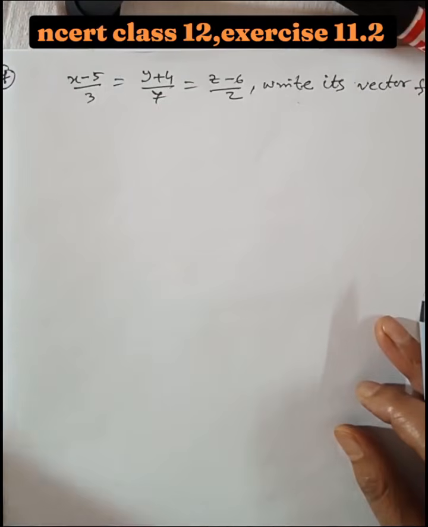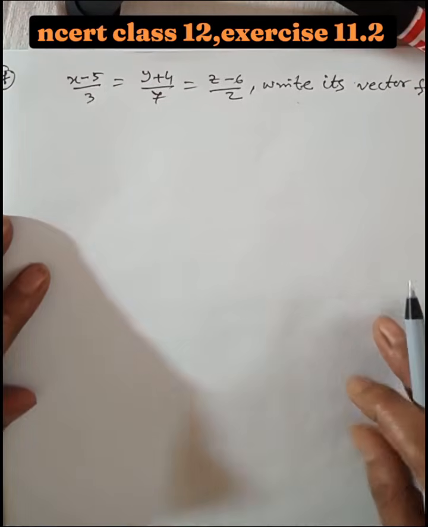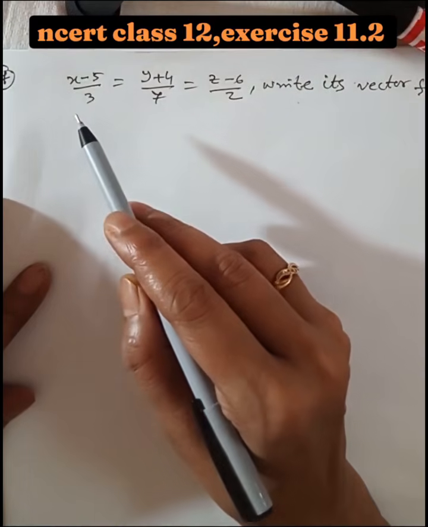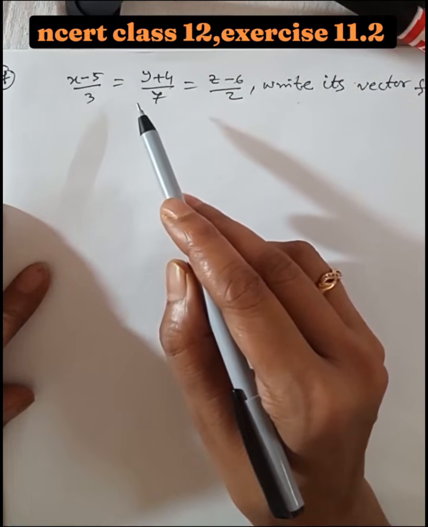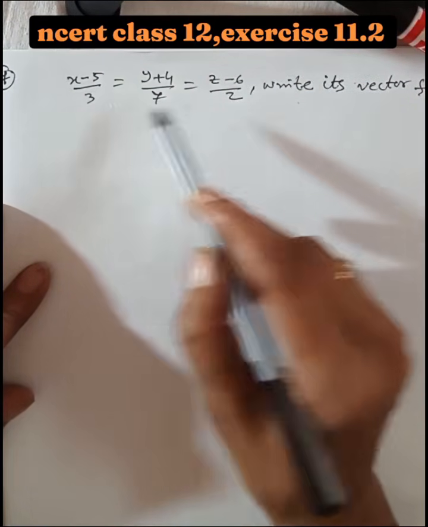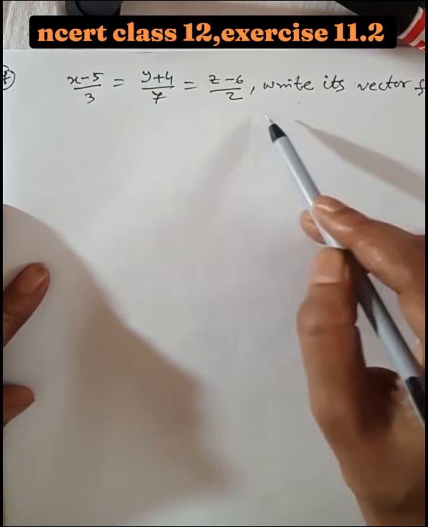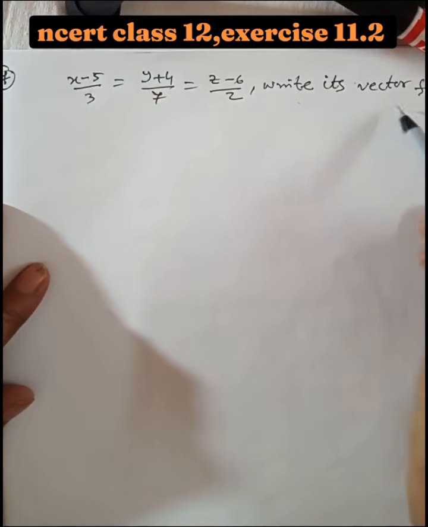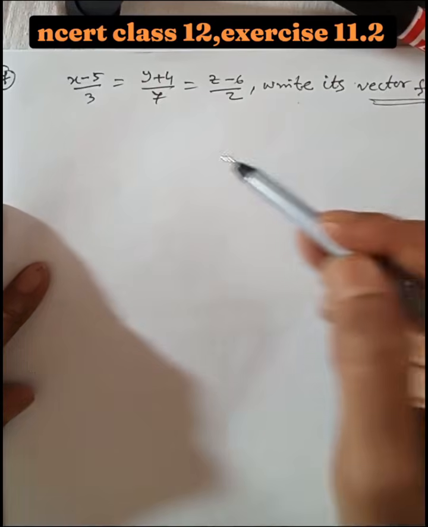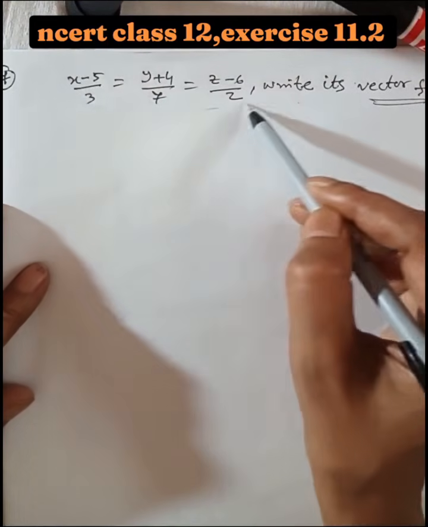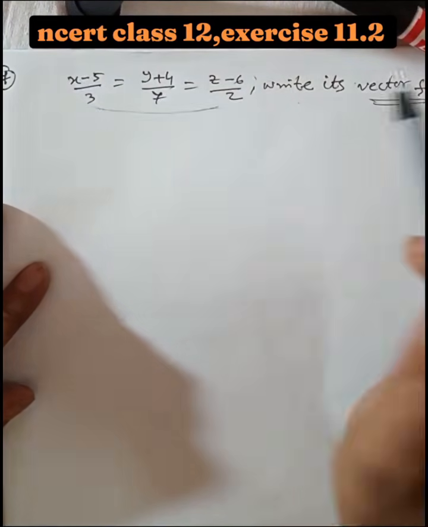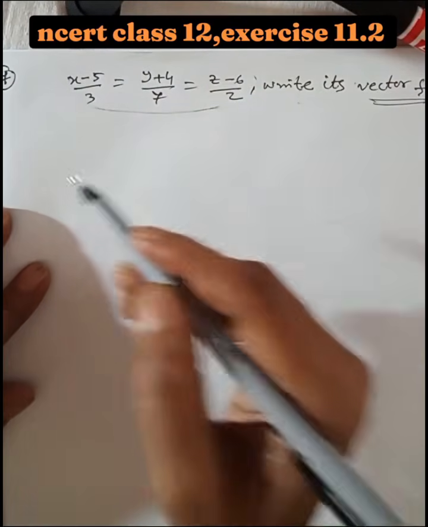Now I will solve question number 7. Here the Cartesian equation of a line is given, and we are asked to write its vector form. We write the equation of the given line in vector form.